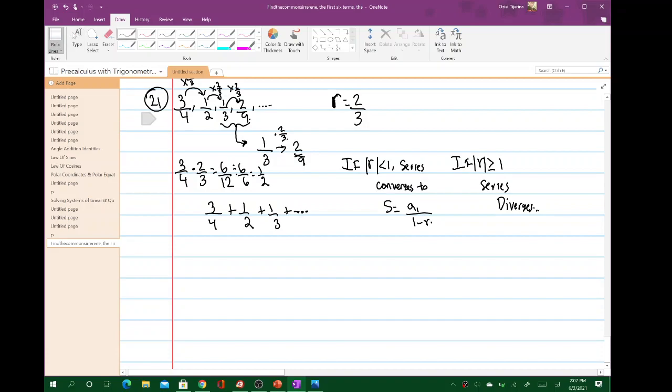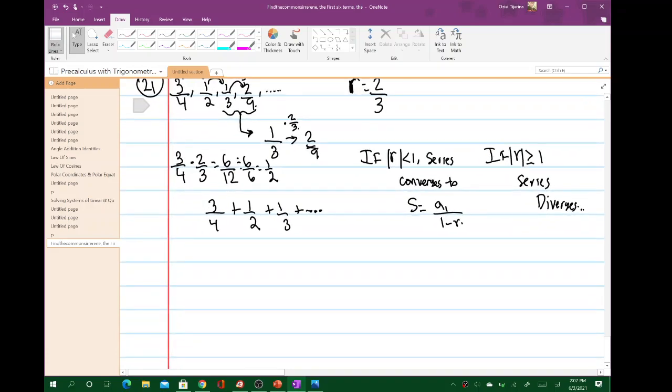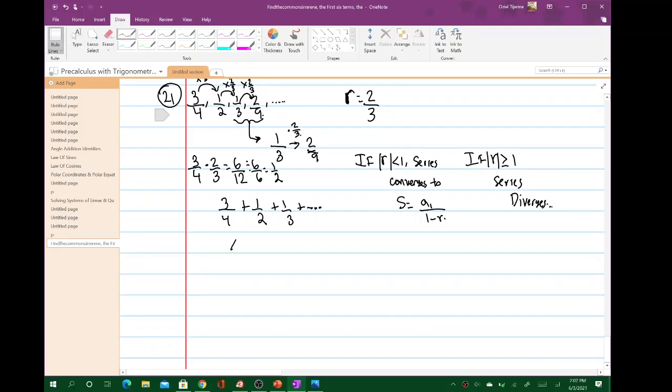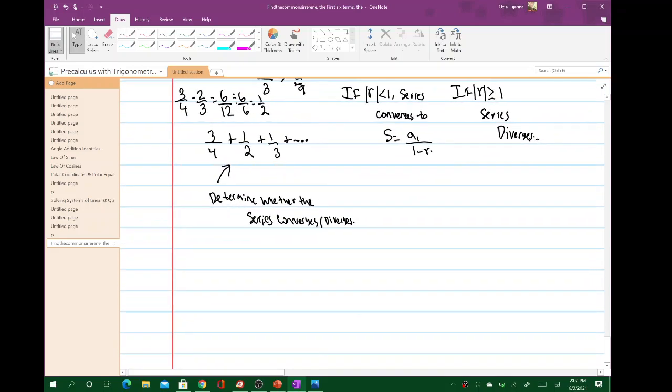If they give you a problem like this, where they give you this sum and want you to determine whether the series converges or diverges, you just have to remember these two things here, okay?